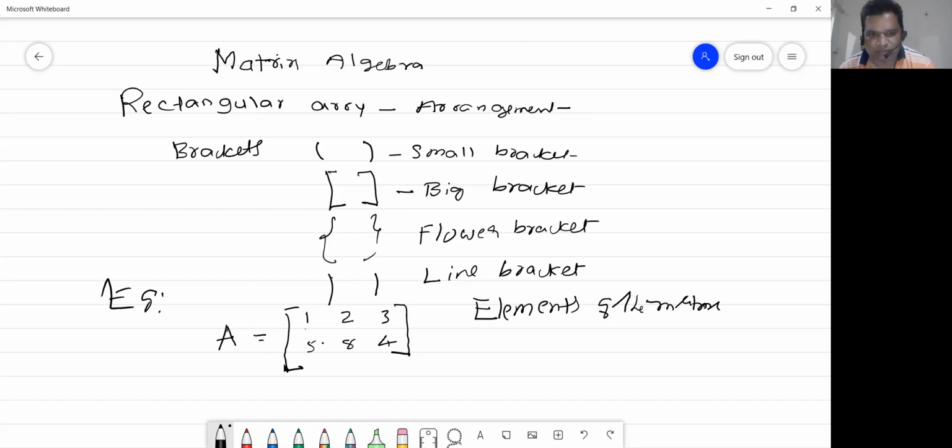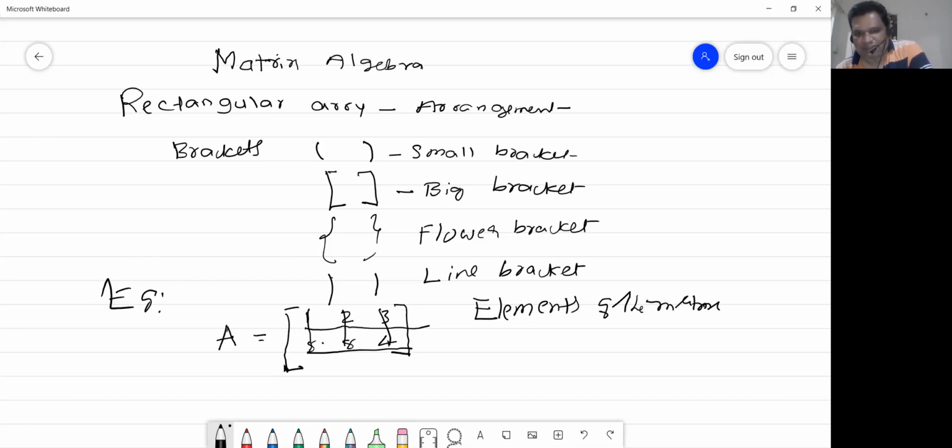There are two rows. Observe, this is the first row, this is the second row. And how many columns are there? 1, 2, 3 columns are there. So an arrangement of numbers in rows and columns constitutes a matrix.